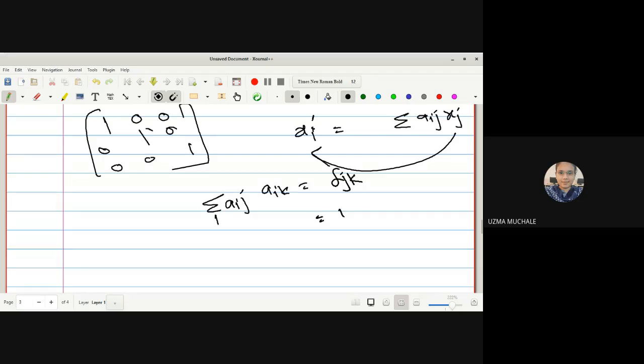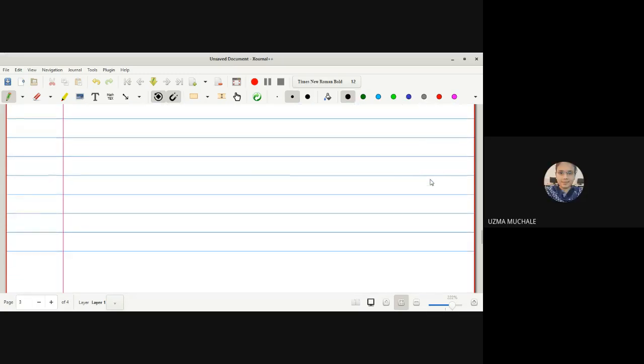What is delta jk? It is equal to 1 when j equal to k, otherwise it is equal to 0, that is j not equal to k. Any doubt up to this? No, ma'am.